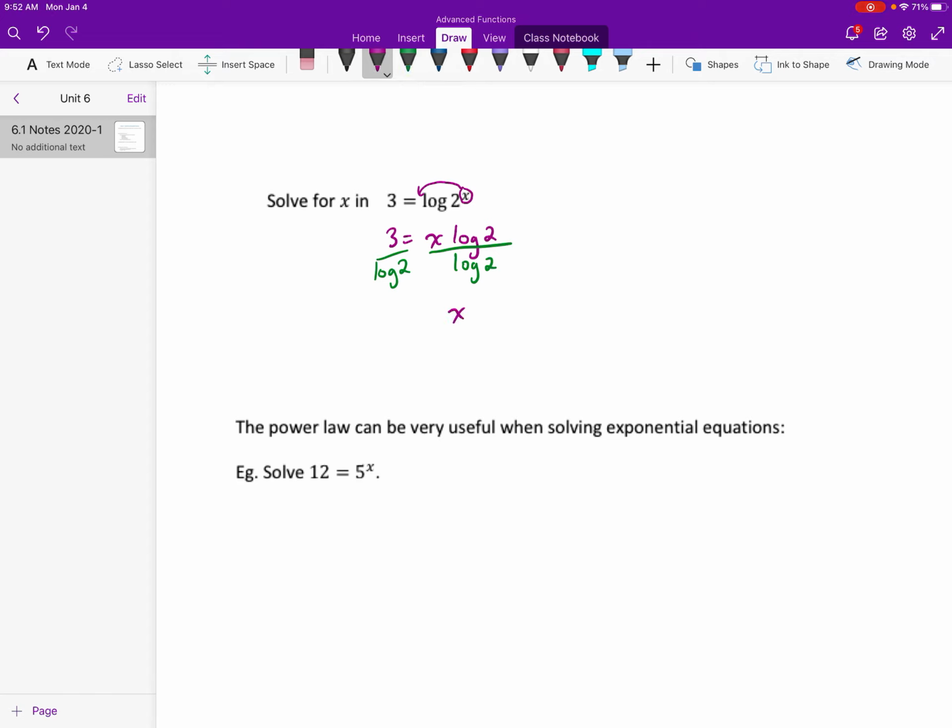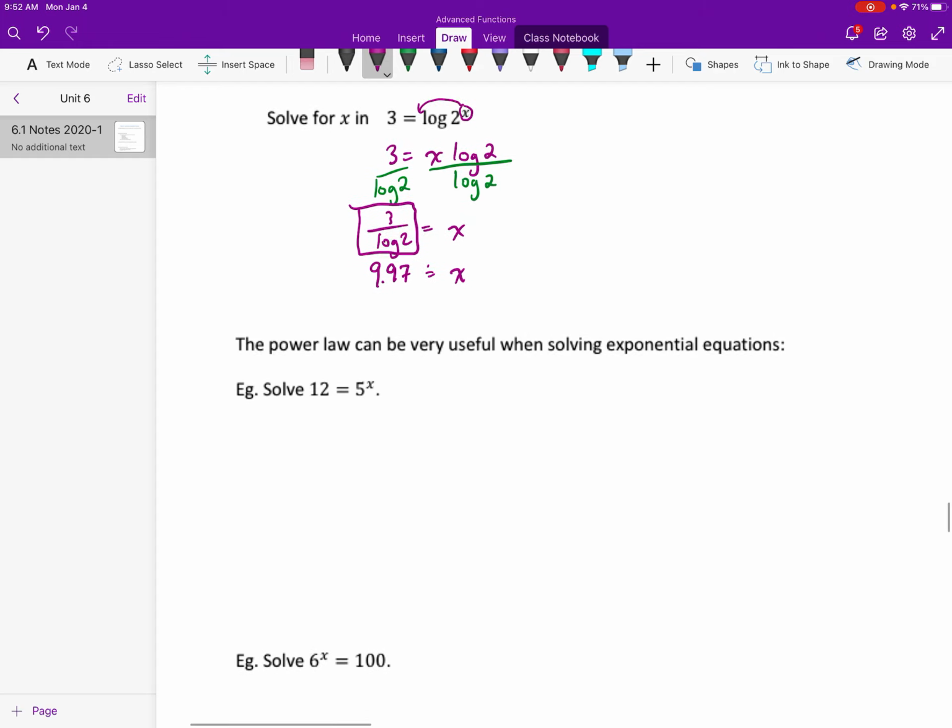Now we have x equals 3 over log 2. And 3 divided by log of 2 is 9.97, let's say, approximately. Okay, this is our exact answer. This is a beautiful answer. The last line here is an approximate answer.